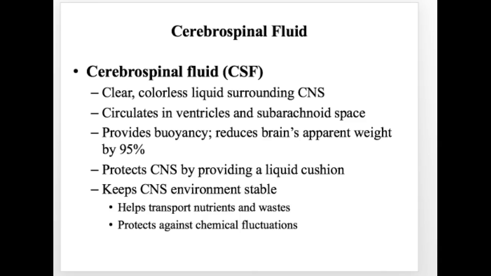So the brain on average weighs about 3 pounds. In order to hold the head up high and maintain posture while holding that brain in the head, this cerebrospinal fluid allows for the brain to essentially be weightless, floating in cerebrospinal fluid within the cranium or the skull.